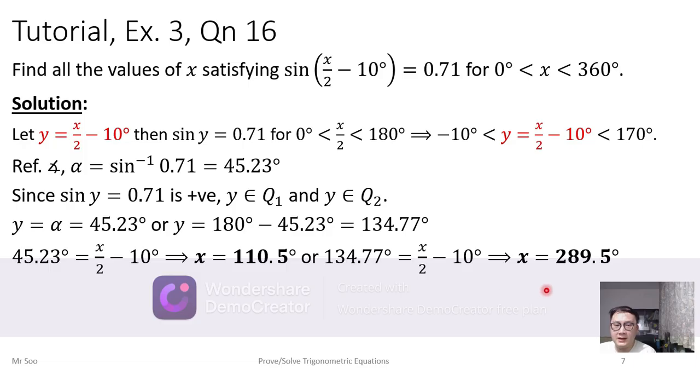If x were an integer, like 20 or 100, then for sure when you substitute back I would get exactly 0.71. But because my answers are rounded to 1 decimal place, I will not get exactly 0.71, but close, like 0.70 something.